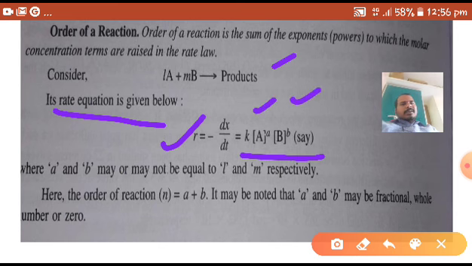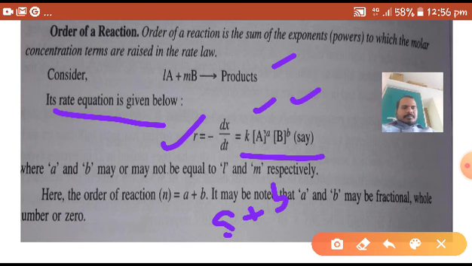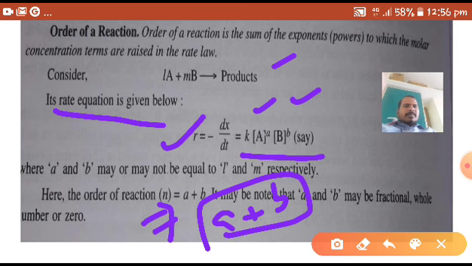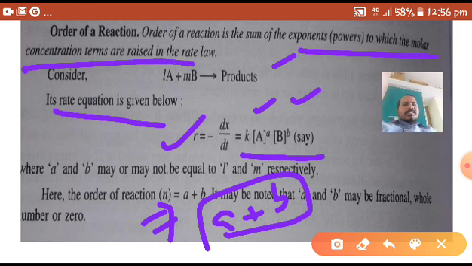Again, a and b should be experimentally determined. Then what is the order of the reaction? The overall order of the reaction should be a plus b. It is the sum of exponents to which the molar concentration terms are raised in the rate law.